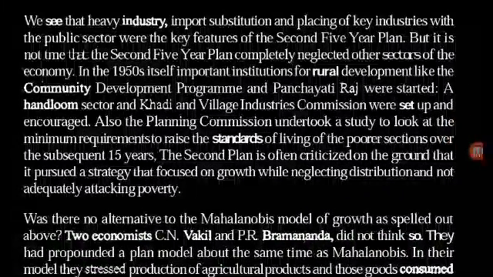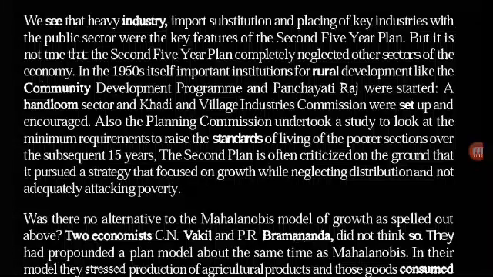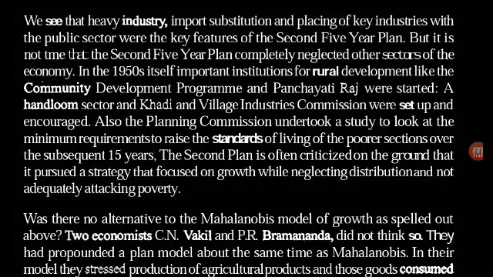A handloom sector and the Khadi and Village Industries Commission were set up and encouraged. Also, the Planning Commission undertook a study to look at the minimum requirements to raise the standards of living of the poor sections over the subsequent 15 years.